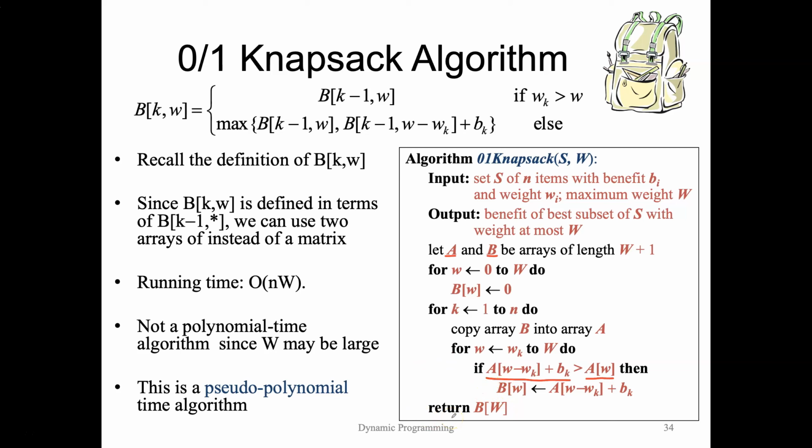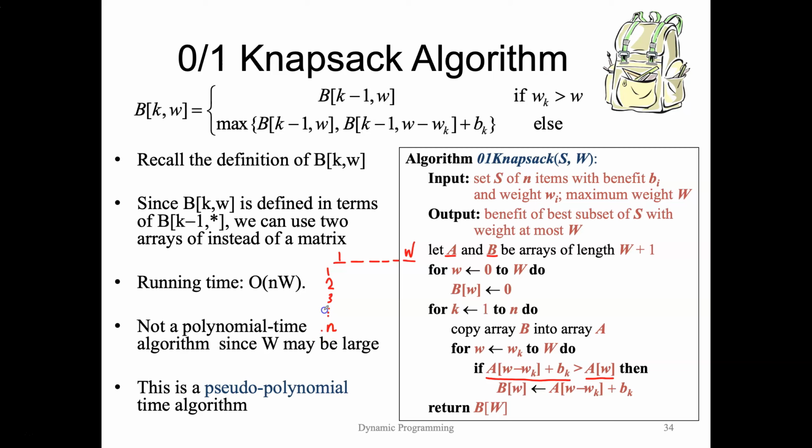So our total running time here is: we've got a for loop which goes from 1 to n, and then a for loop which goes from our starting weight to capital W. We're working in integer amounts here, so we have each possible weight from 1 all the way up until capital W, and we're not going to maintain all of these in storage, but we'll have items 1, 2, 3, all the way up until n.